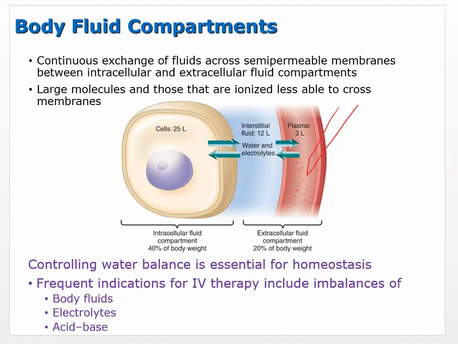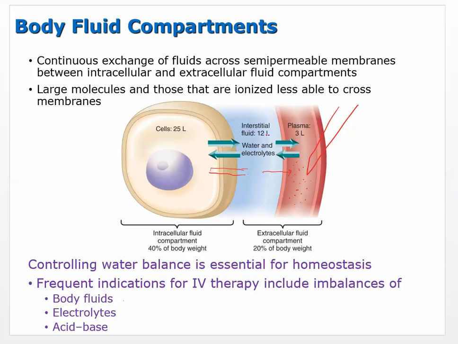But remember, those fluids, especially water, are just going to go where there is a higher concentration of solutes or particles. So water is able to move between just the vessel and this interstitial fluid, and it can move into the cell, or it can move out of the cell and back into the blood.